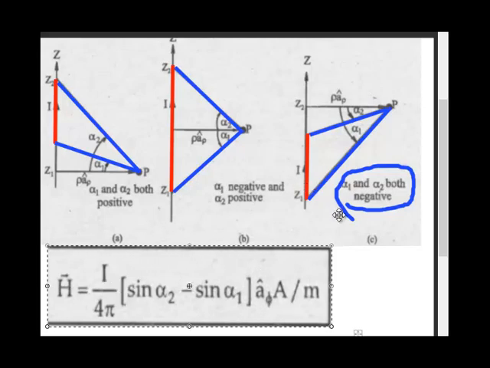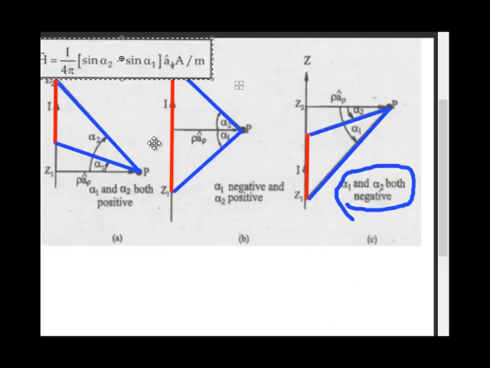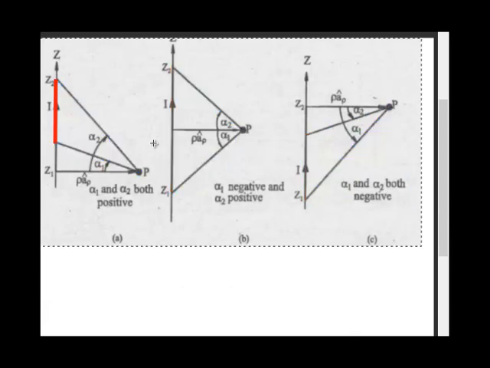And for a semi-infinite case, we can use the same formula to obtain H. Let me modify the figure for semi-infinite. In the semi-infinite case, it may happen that the current filament will start from 0 and go to the positive Z direction.